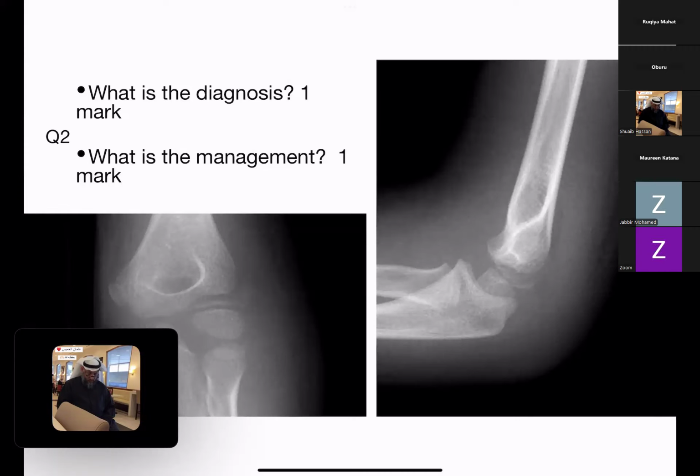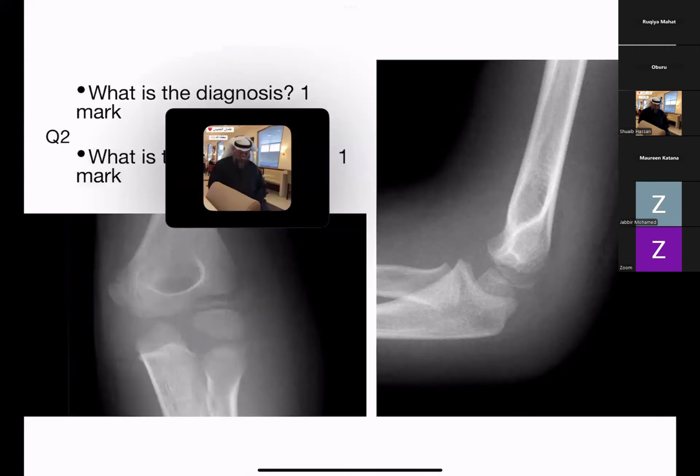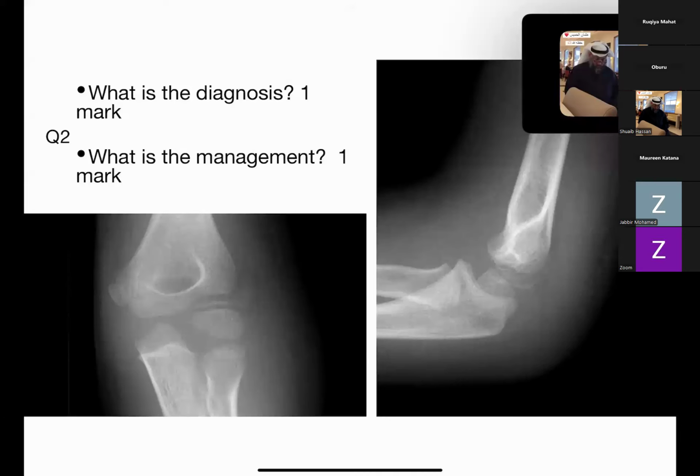All right, so you remember we spoke about the pediatric elbow and the fractures that you must know. This is one of those fractures. What's the diagnosis here? Somebody know?